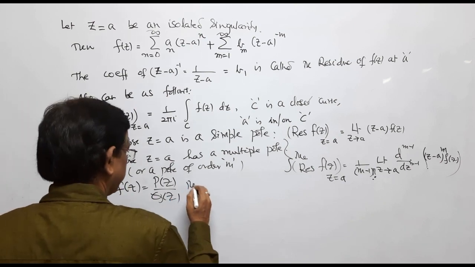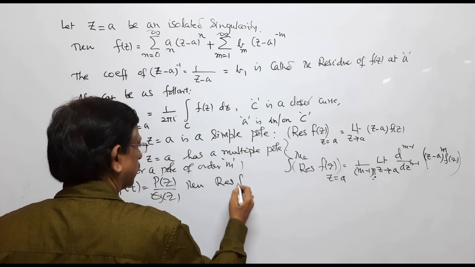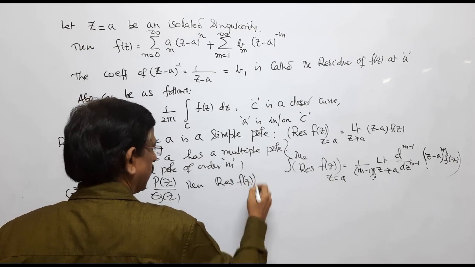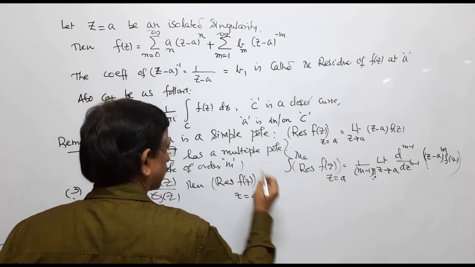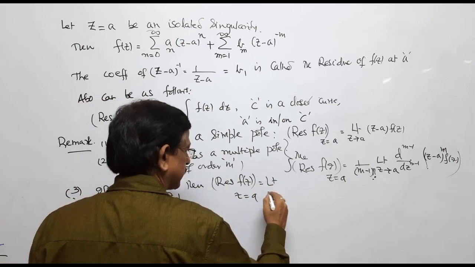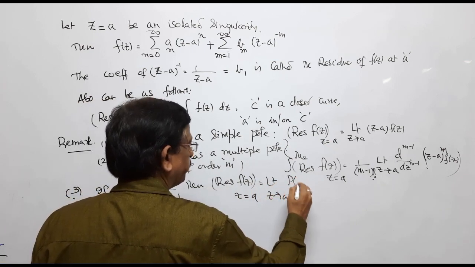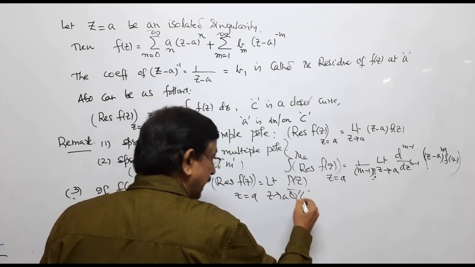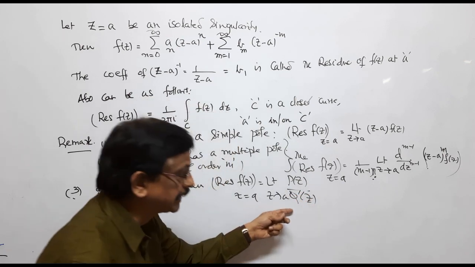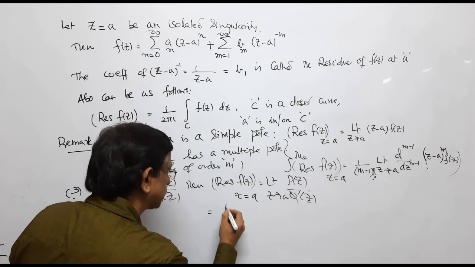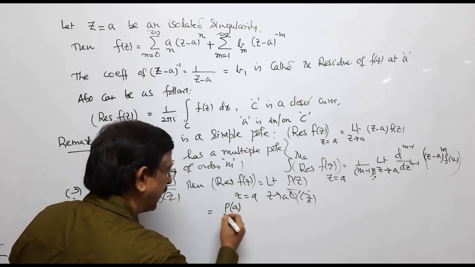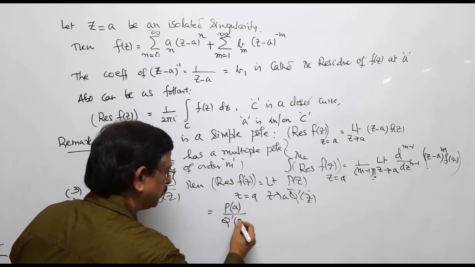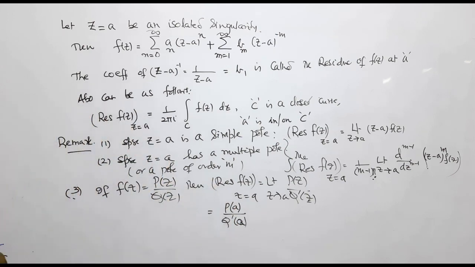Then the residue at z equal to a can be calculated as the limit z tending to a of p(z) by the derivative of q(z), or simply we can write p(a) by the derivative of q at a. These are the three important remarks which we have.